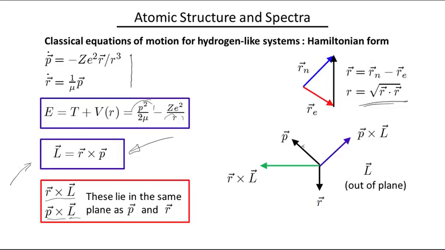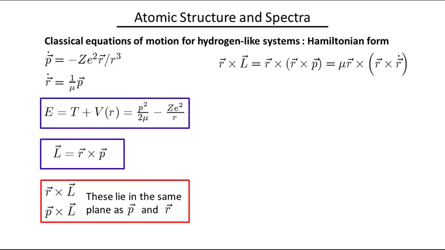They're independent variables, so maybe there's some advantage to looking at the equations of motion when framed in terms of these two new vectors. Because after all, since they lie in the same plane, it's quite possible that there's a simpler relationship between all four of these vectors than meets the eye right now.